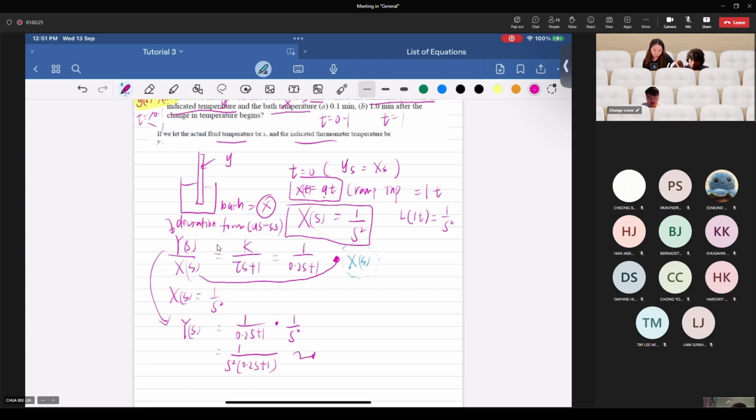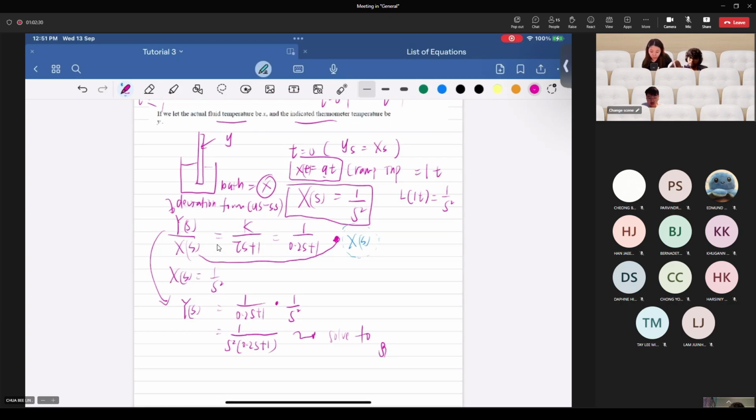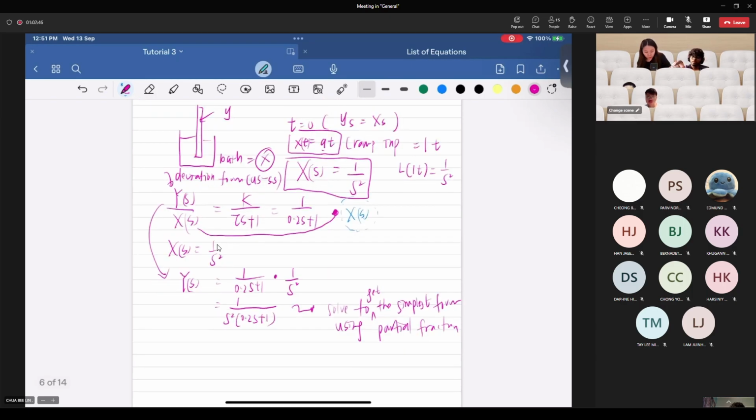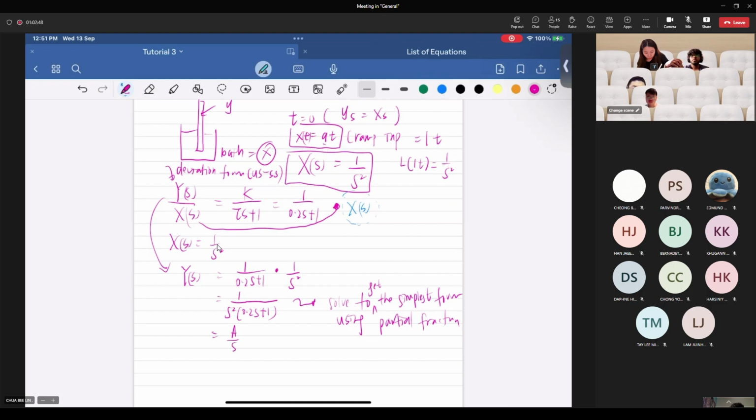You need to solve to get the simplest form using partial fraction. You'll be getting repeating roots, meaning A over s plus B over s squared plus C over 0.2 s plus 1.